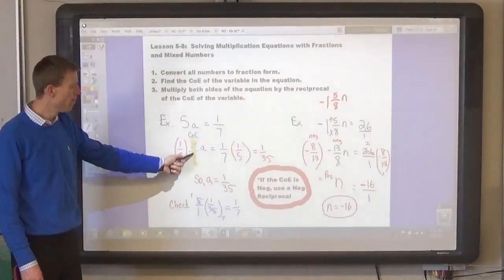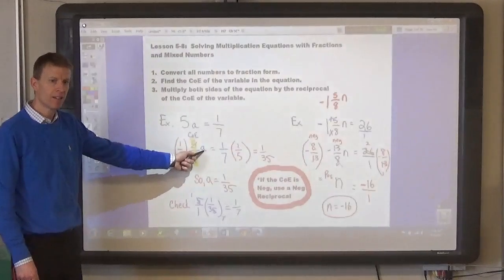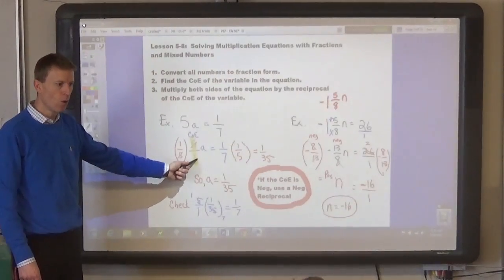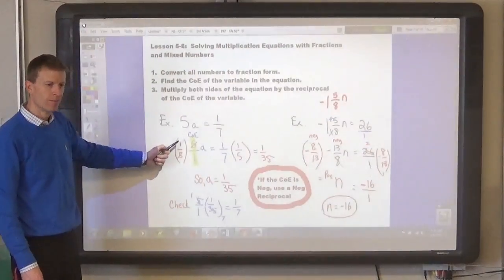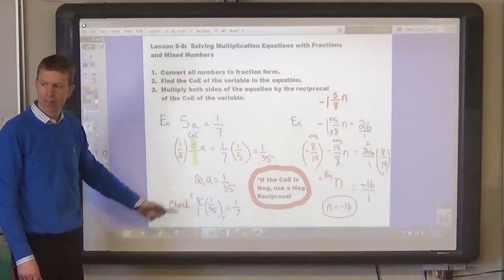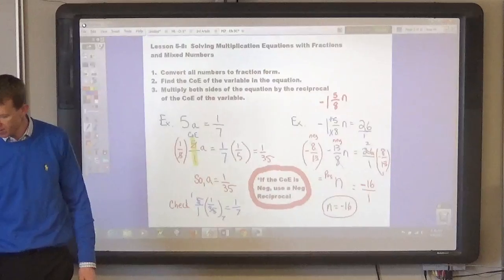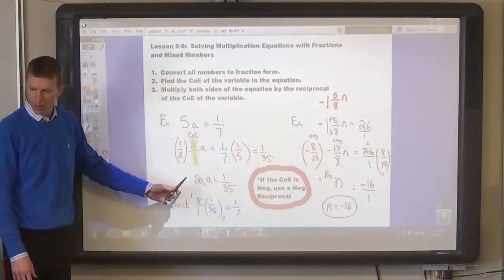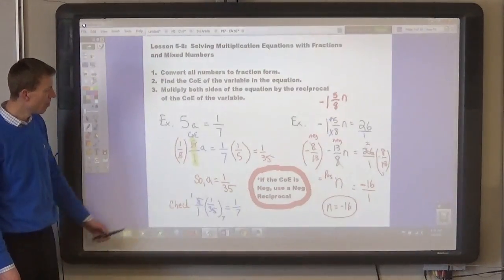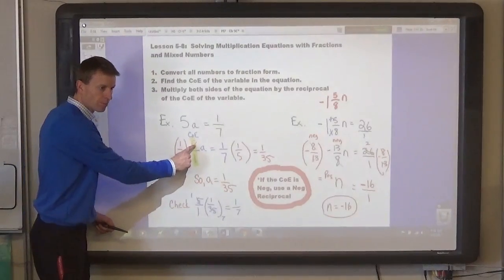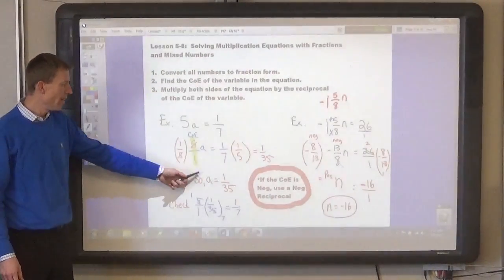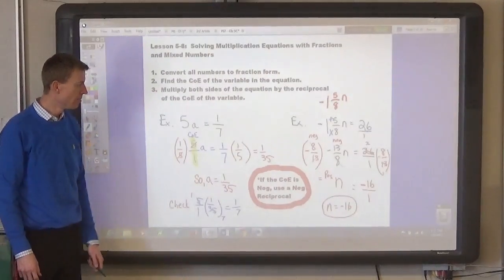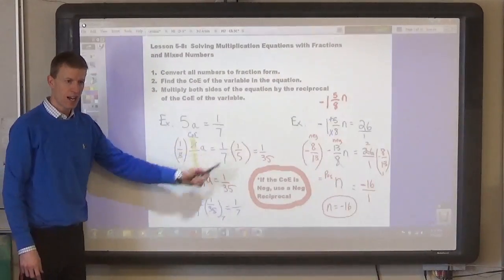So if we have 5 over 1 times a, we multiply 5 over 1 times 1 over 5. 5 over 1 and 1 over 5 are what, Ariana? Reciprocals, yep. And when you multiply them, you get 1. And then 1a equals whatever's on the other side.